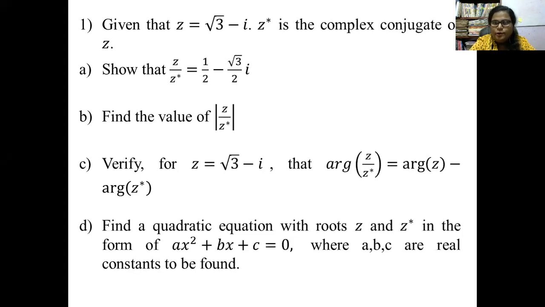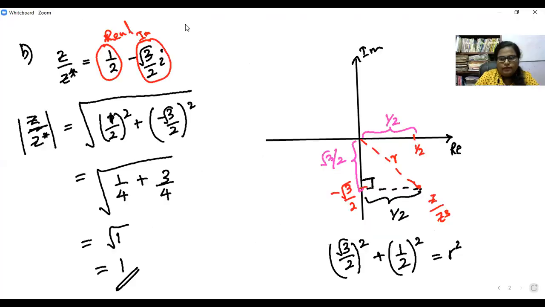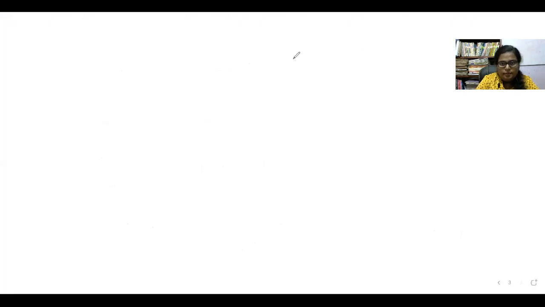So you know this rule. But for this case, for z equals square root 3 minus I, you have to verify this result, right? I will first explain what the arg value is. Arg value of a complex number measures an angle.